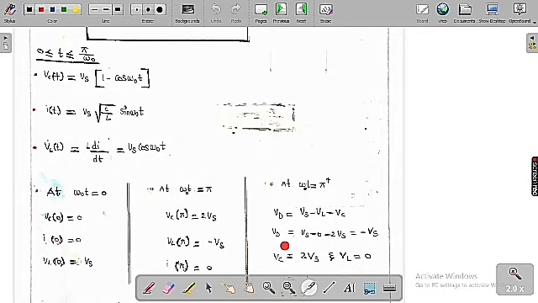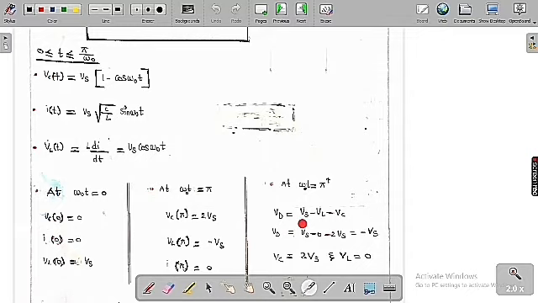Because the circuit is open, the current is 0. As the current is 0, the inductor voltage is also equal to 0. So at pi plus the inductor voltage is 0. And now based on this we have to find the value of the diode voltage.